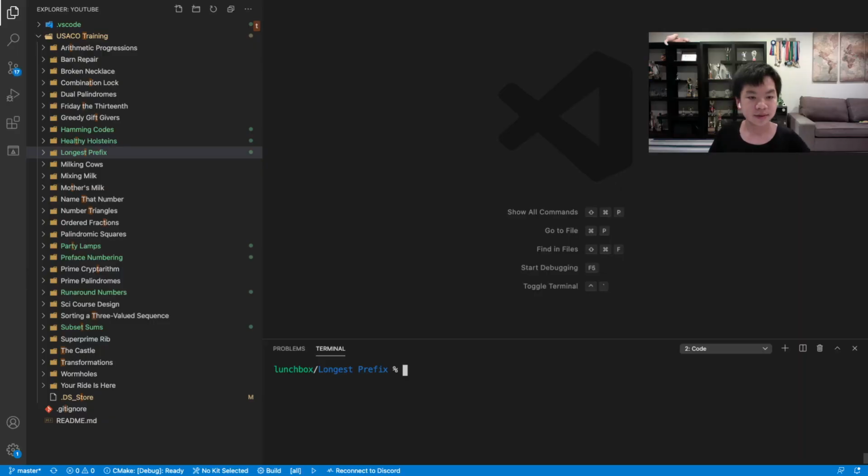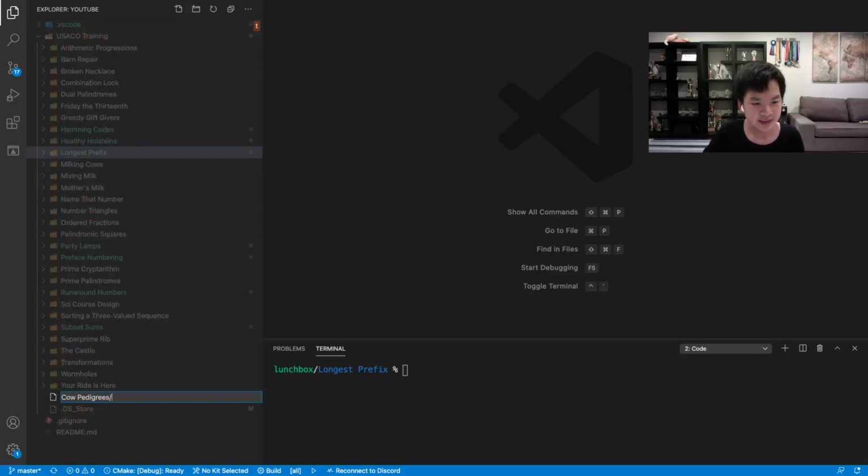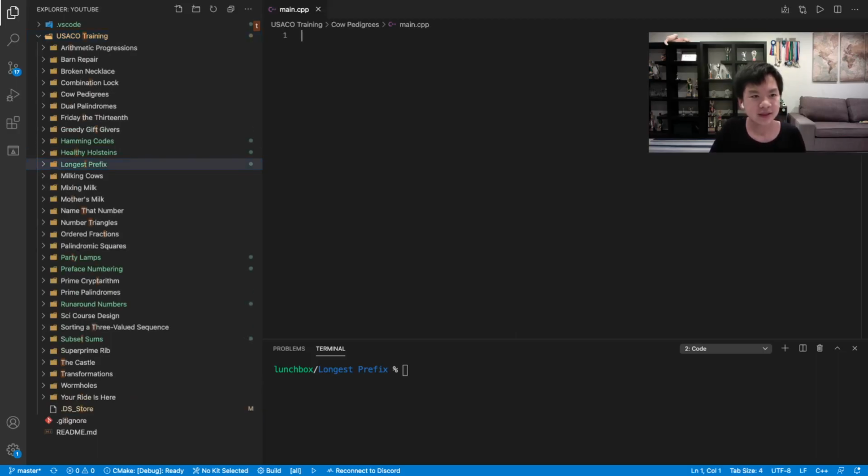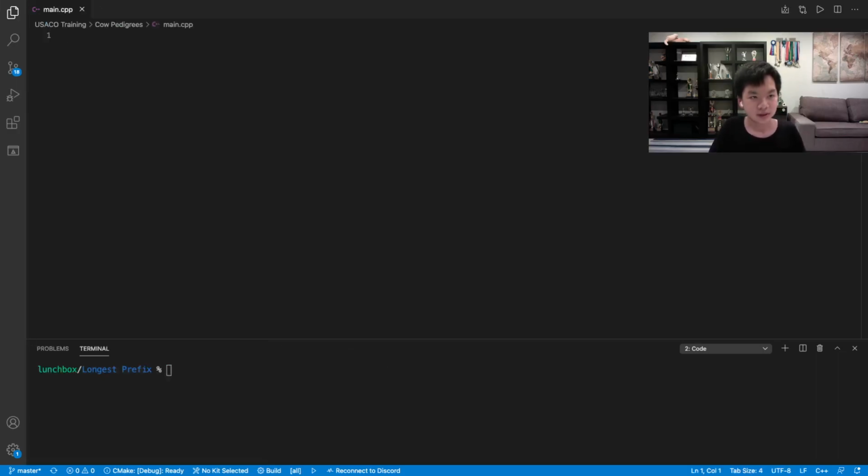Okay, so let's actually start implementing this. So this is cow pedigrees. Okay, so let's include bits. Okay, so we're going to read two integers, n and k.